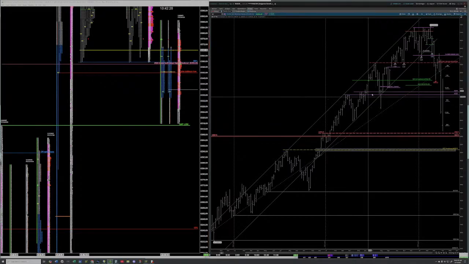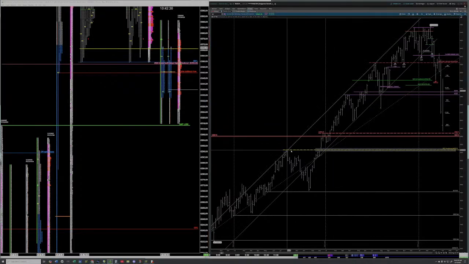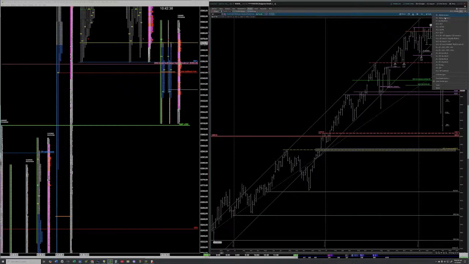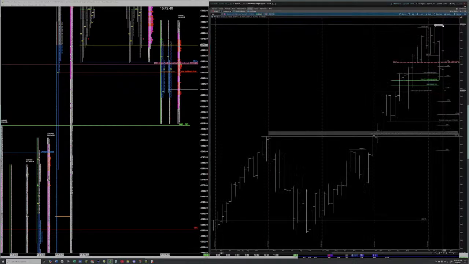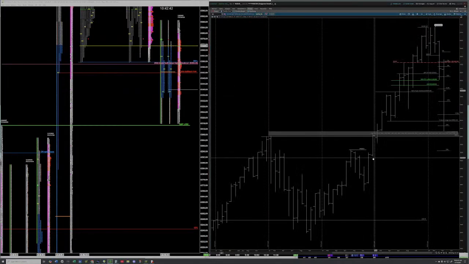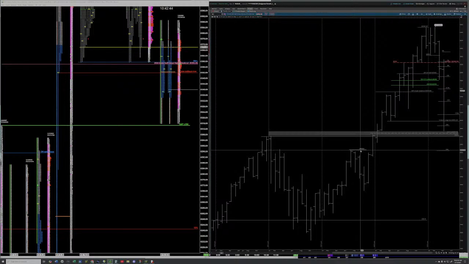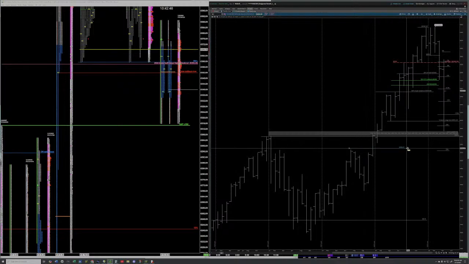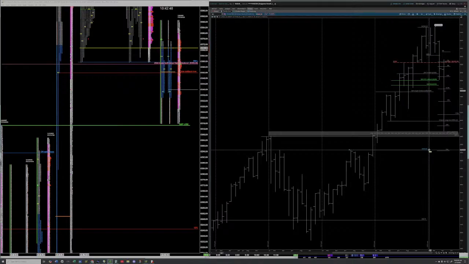Breaks and never comes back. So this is actually a particularly important level on the lower side, which happens to be us. Right?